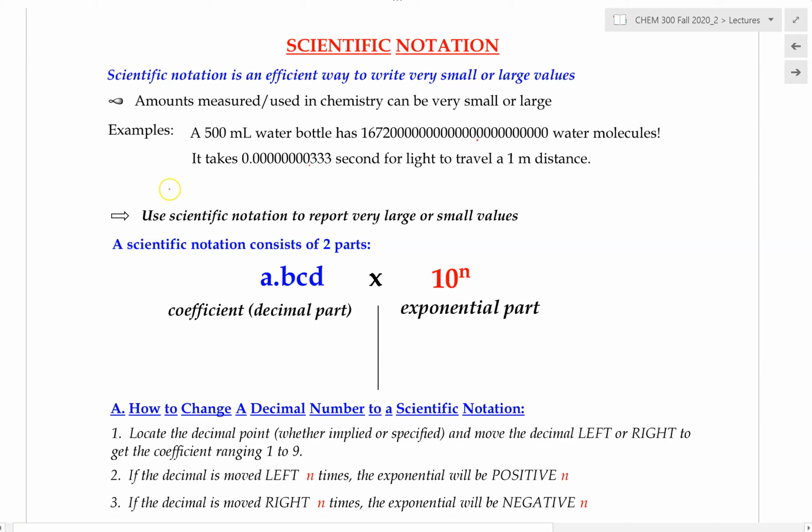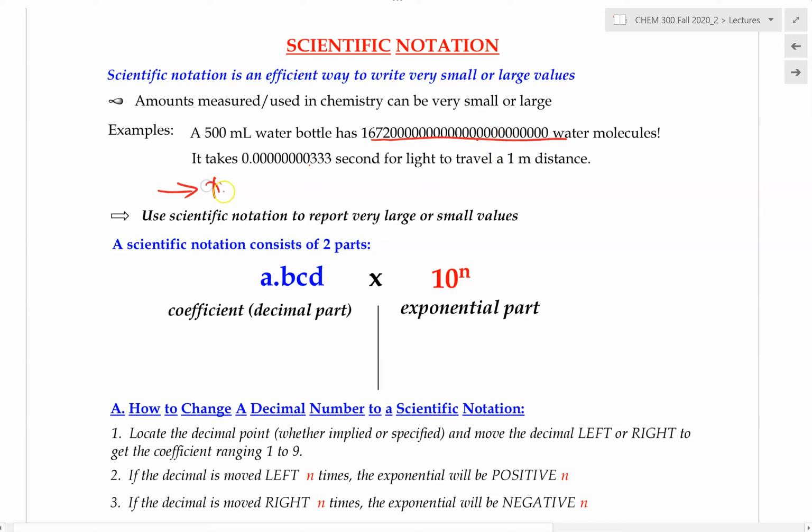So that's the reason why we need to learn and use scientific notation in chemistry. Here's an example: a 500 milliliter water bottle has this much water molecules in it. You can see this is a really big value, and it's very difficult for us to see how many zeros are in it. If we have to copy this value over and over again in calculations, it becomes really time consuming.